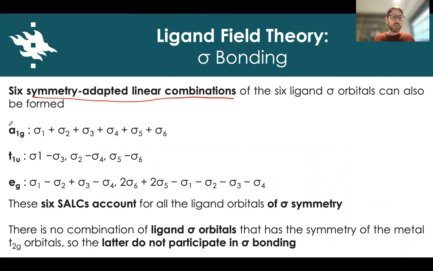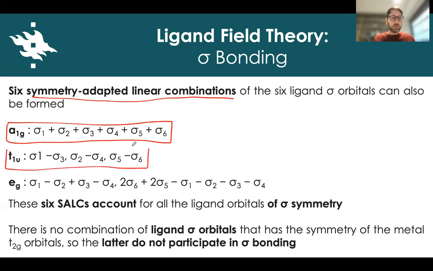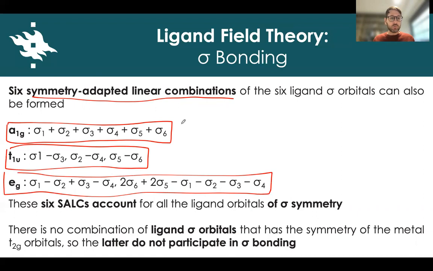So we can have linear combinations of the 6 ligand sigma orbitals having symmetry A1g, T1u, and Eg, for example. So here we have 1 orbital, 3 combinations, and then here we have 2 combinations.